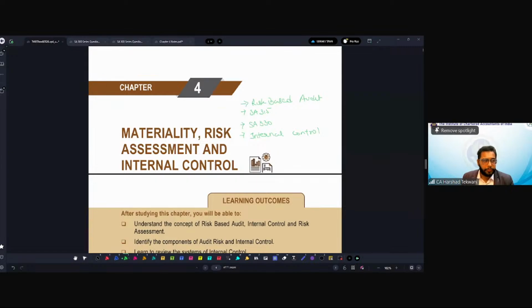Material misstatement in the financial statements. Okay, good. Anyone else? Yes, Hemant, very good.